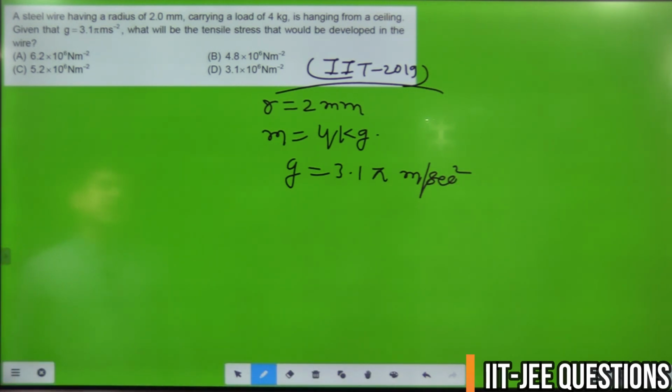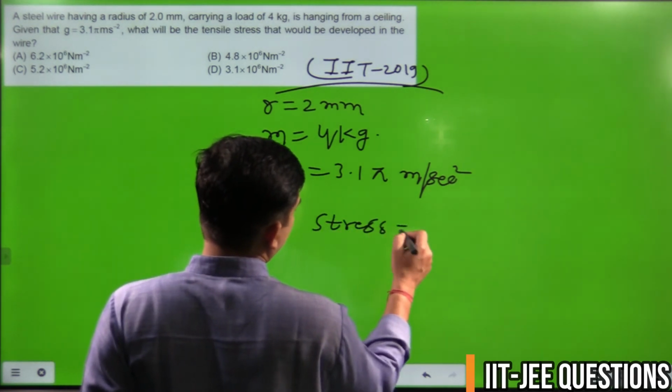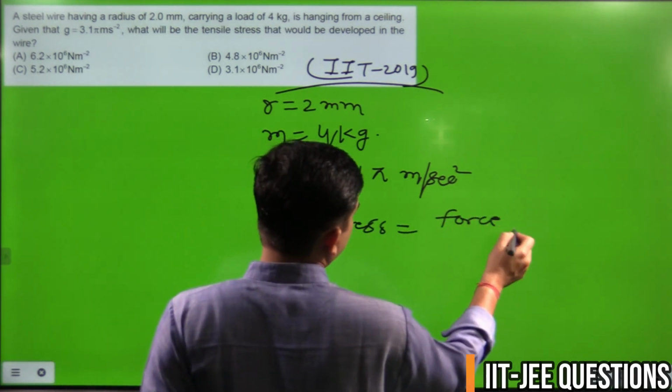It's again a question of IIT 2019. What will be the tensile stress that would be developed in the wire? You have to calculate the tensile stress, and as we know, the tensile stress is equivalent to tensile force upon area.